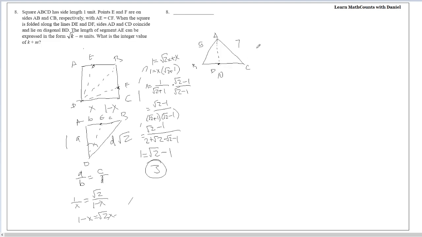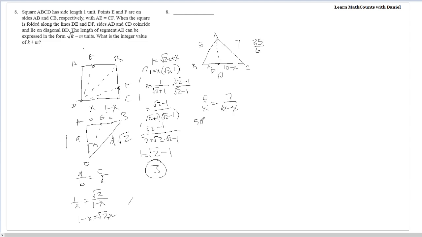Alright. So the correct answer is 35 over 6. If you don't know how I got that, you can rewind the video to see how I did the first problem, or keep watching to see how I do this one. Once again, we want to use our angle bisector theorem. We have that this is x, and that this is 10 minus x. So 5 over x equals 7 over 10 minus x.